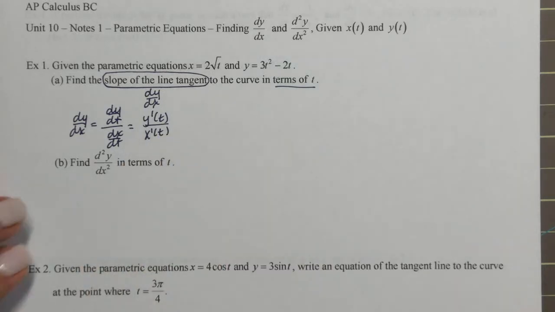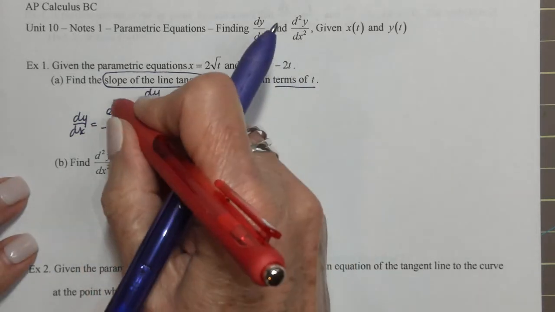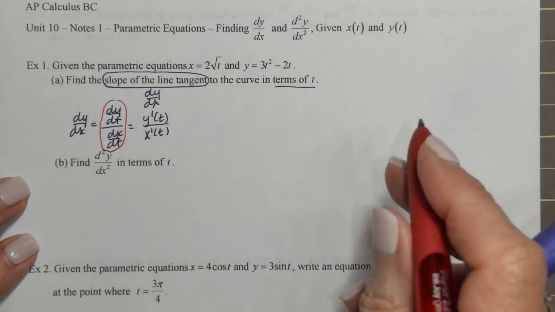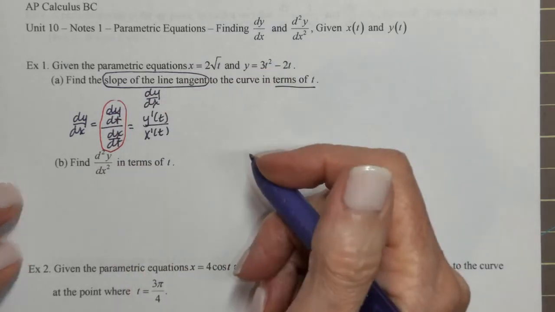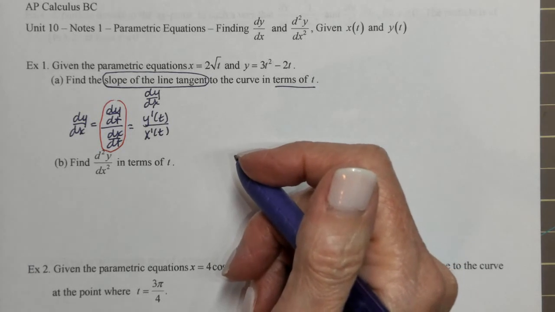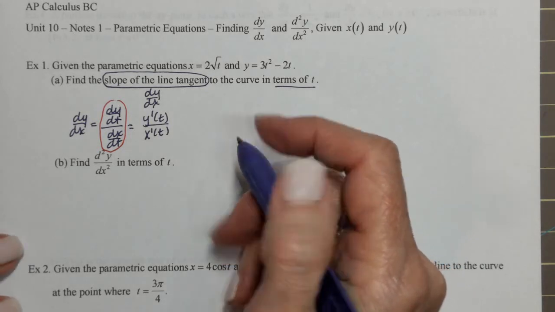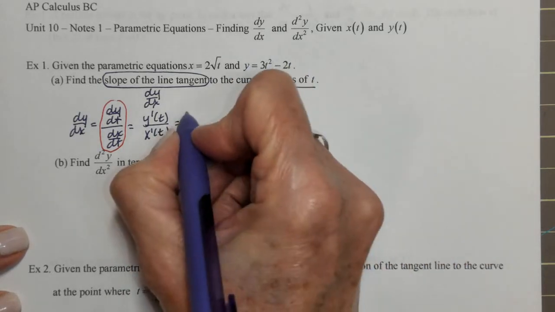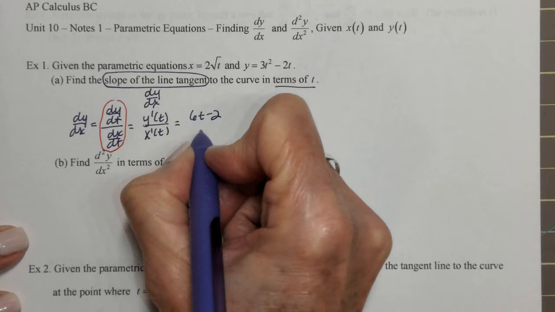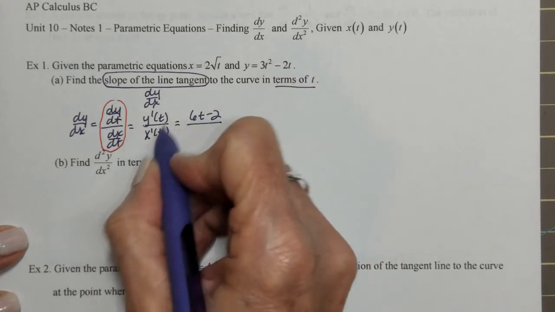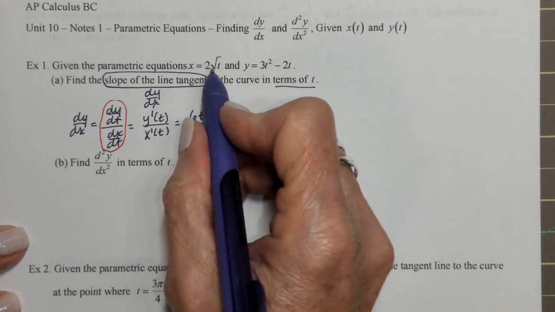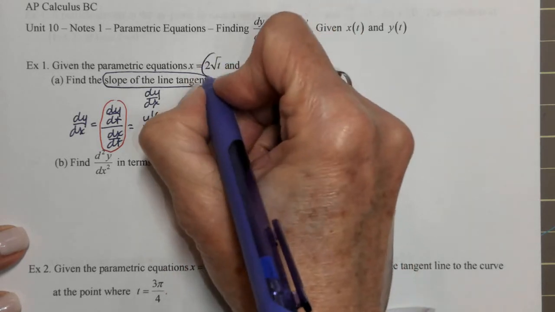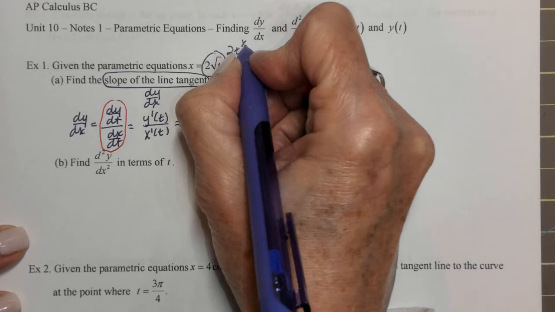I'm going to start by writing it like this because I want you to see how Leibniz's notation works with multiplying by the reciprocal of that denominator's fraction. Okay, so y prime of t is going to be 6t minus 2. x prime of t is going to be, so this is 2t to the 1/2 power.